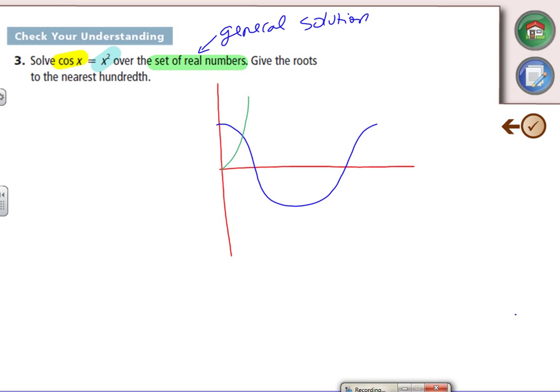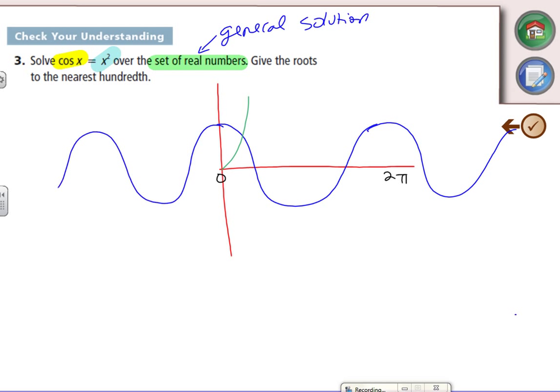If I extend this, if I extend cosine, and if I go to infinity in either direction, so on the real numbers, the cos is periodic, but x squared is not periodic. It doesn't keep happening over and over again.